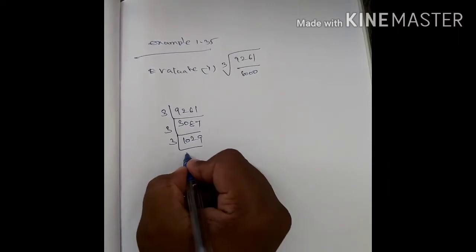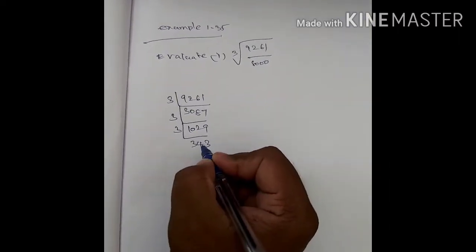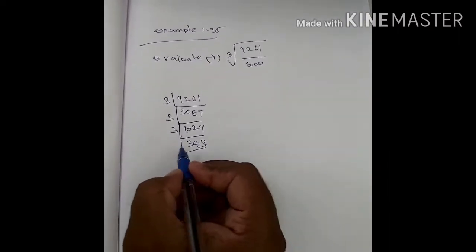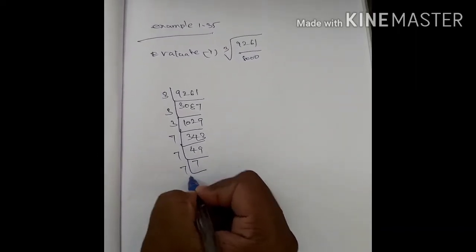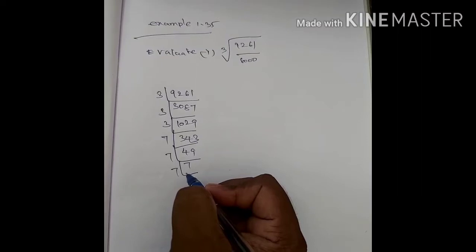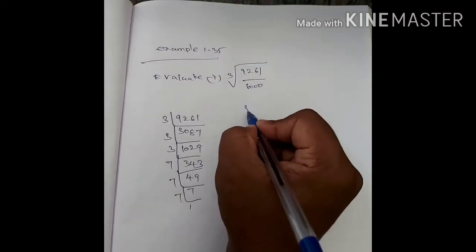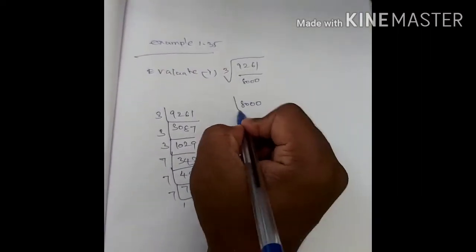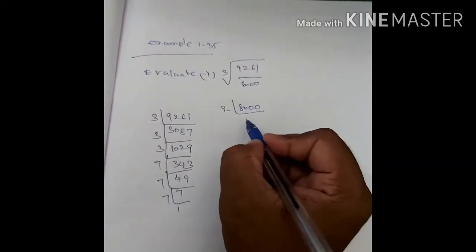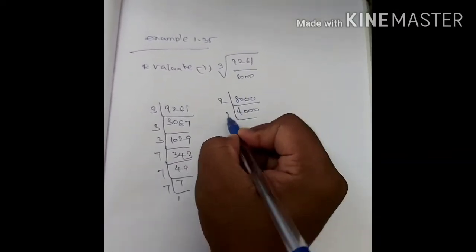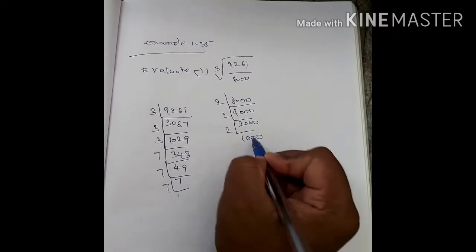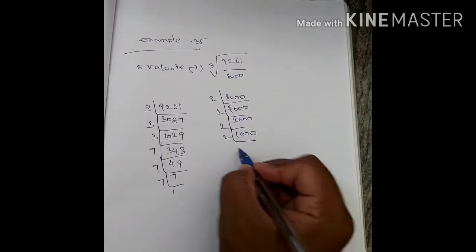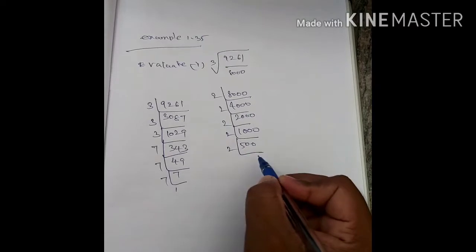So the same prime factorization. Divide by 3 to get 3087, again by 3 gives 1029, again by 3 gives 343. So 343 cancellation for 7: 7 sevens are 49, and 7 sevens are 49, 1 times. Next we calculate the prime factorization of 8000.